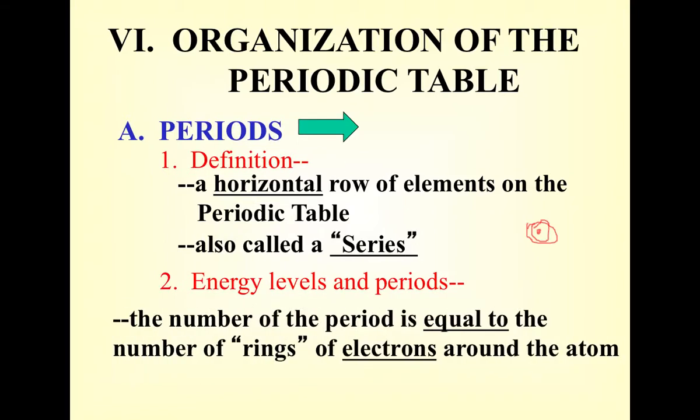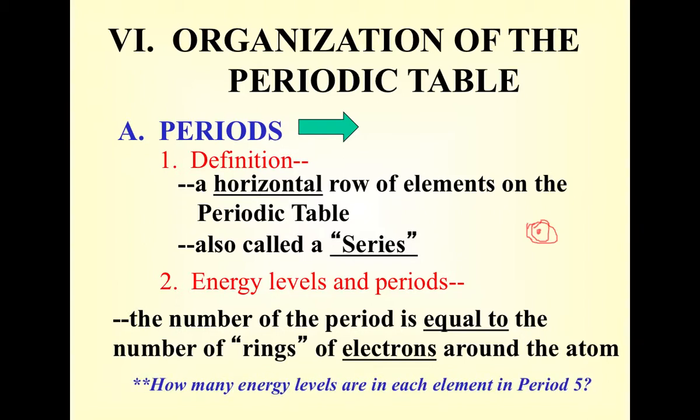So the number of the period is equal to the number of rings of electrons that are around the atom. So for instance, if we take a look at how many energy levels are in each element in period 5, since the period number is 5, the number of energy levels would be 5.